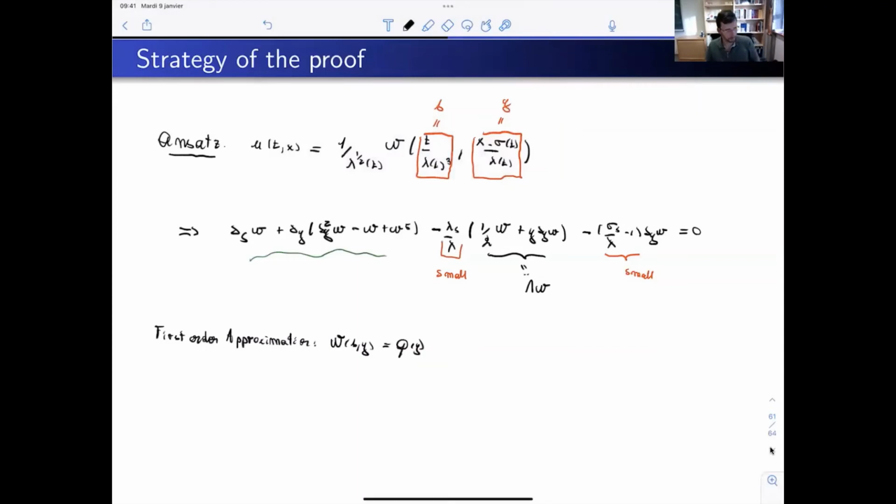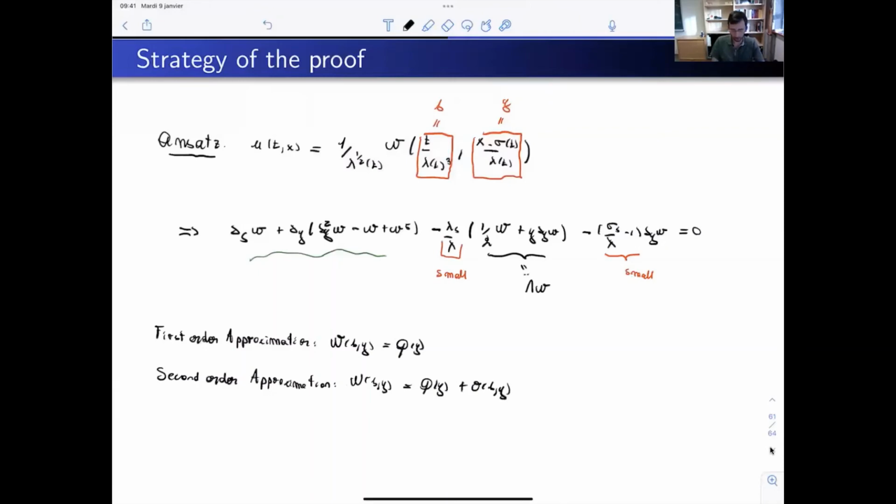Okay. And so now you want to do a second order approximation. Of course, you have to start with Q, and then you have to correct it by a term, let's call it V(s,y).